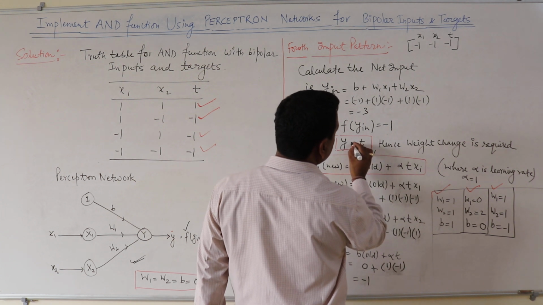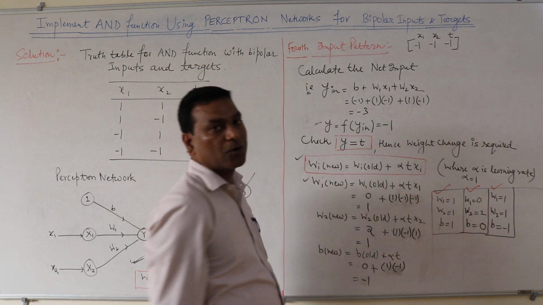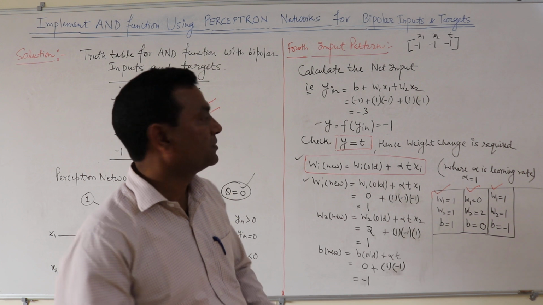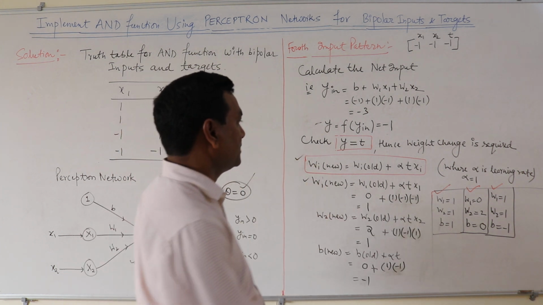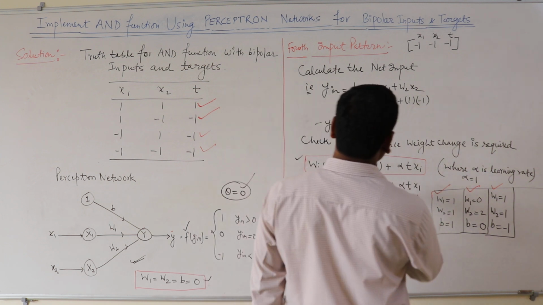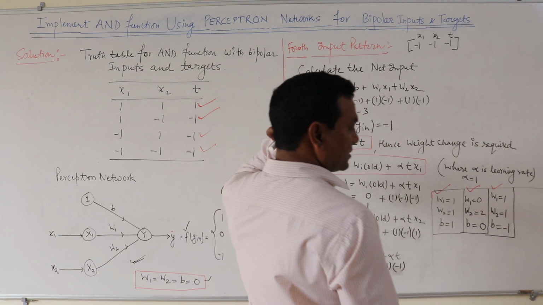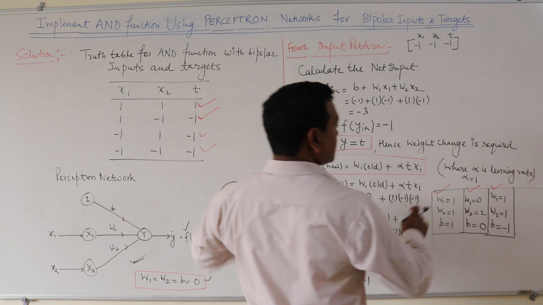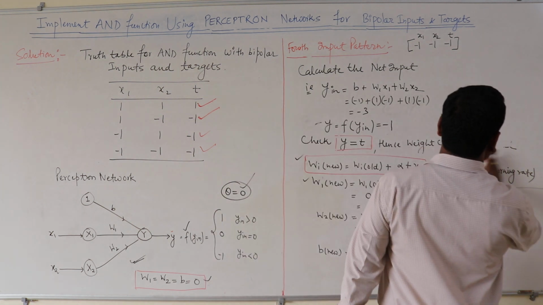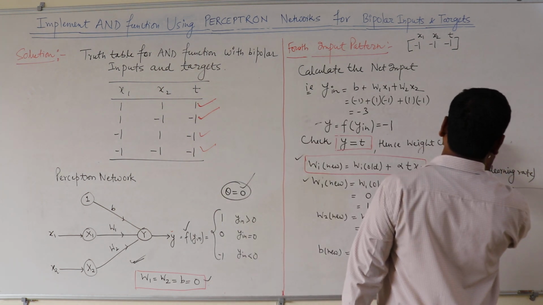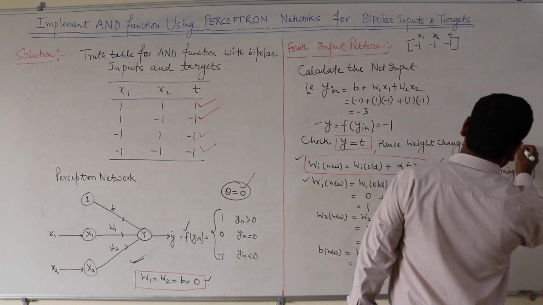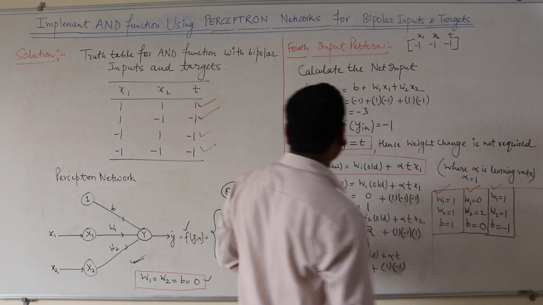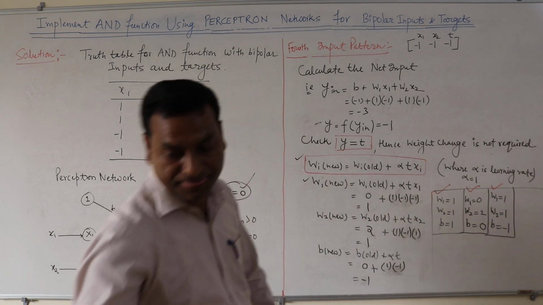Now see, this output is equivalent to the target here. Output is equal to the target value. It means we have achieved the final weights. Hence, the weight change is not required. We will not calculate this.